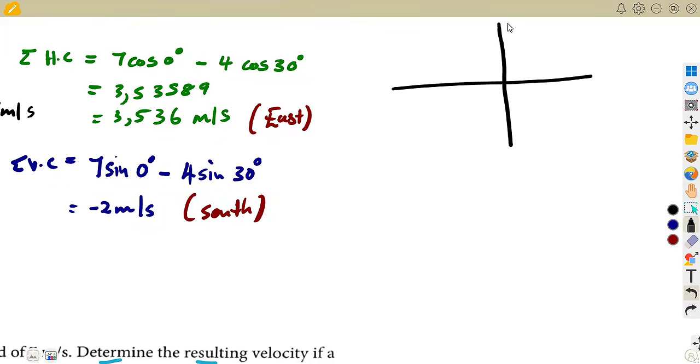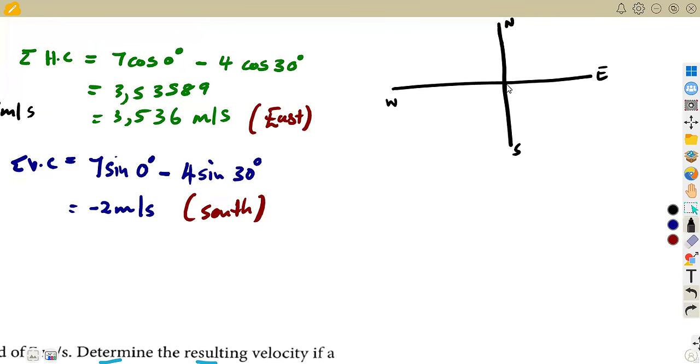So we need a quadrant which is going to carry the east and the south at the same time. There's only one quadrant that can do that. Which quadrant is this? This is the quadrant. So that is where we are supposed to have our resulting velocity.